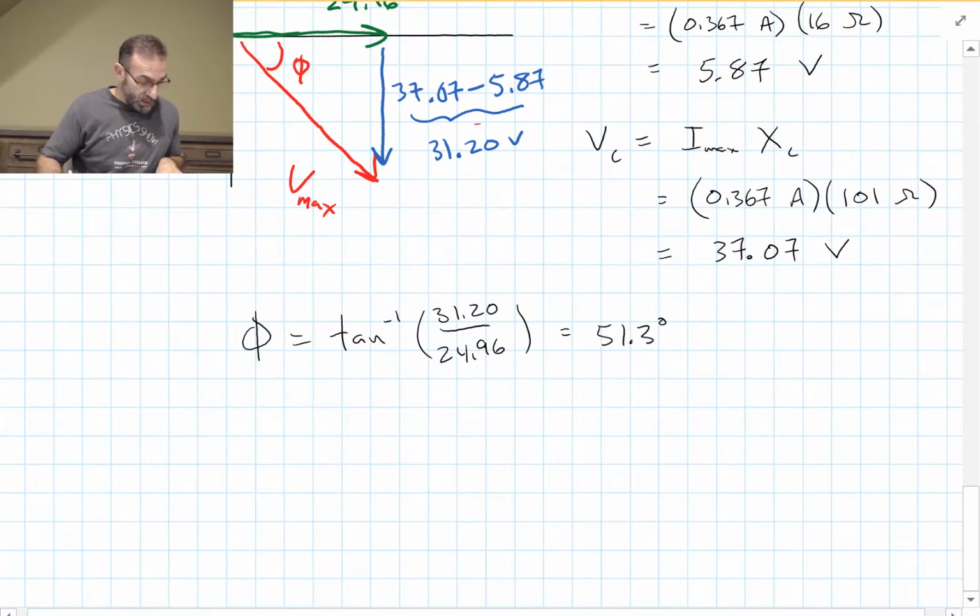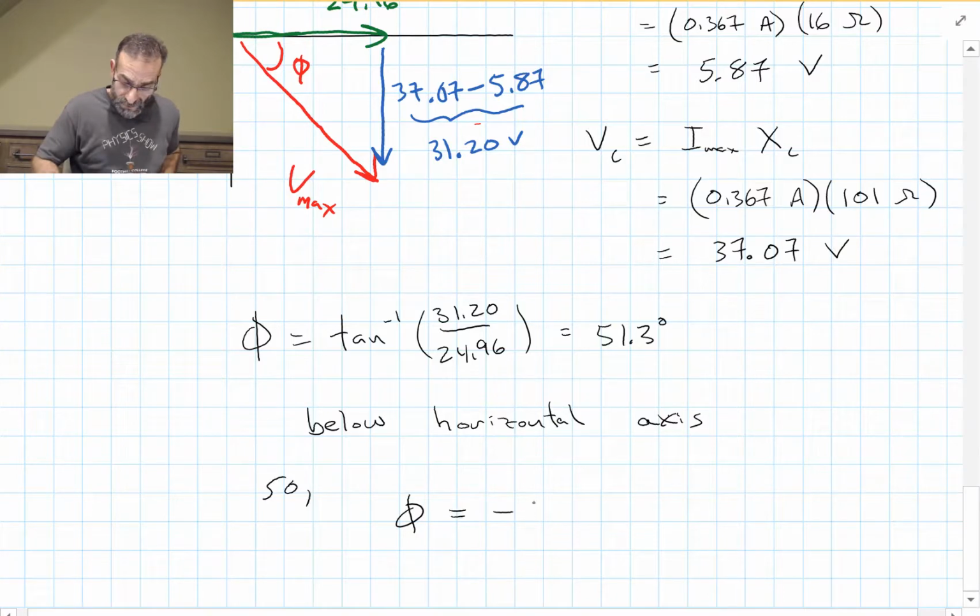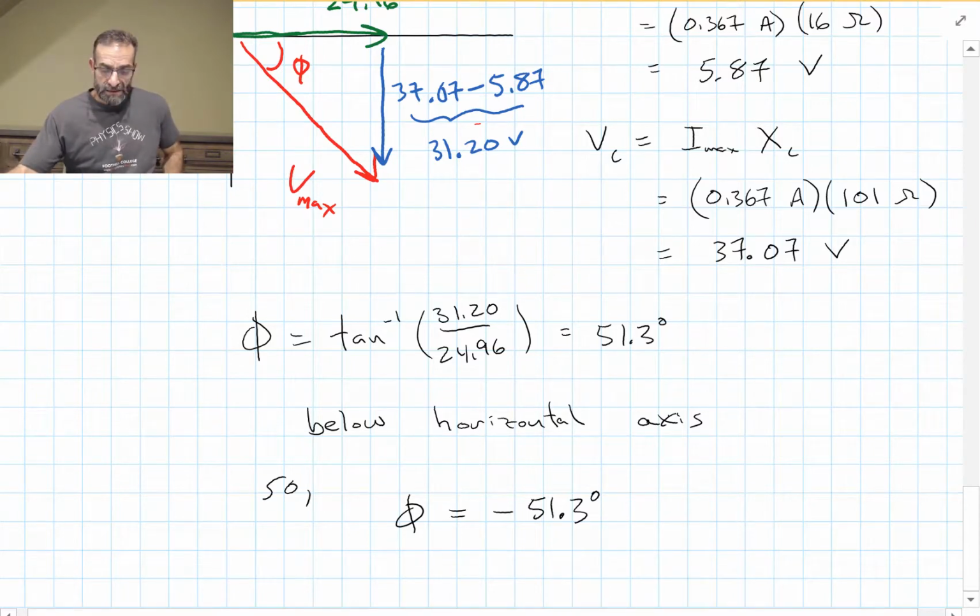Because we are below the horizontal axis, that means this angle should be negative because we go in the counterclockwise direction to measure our positive angle. And there we have it.